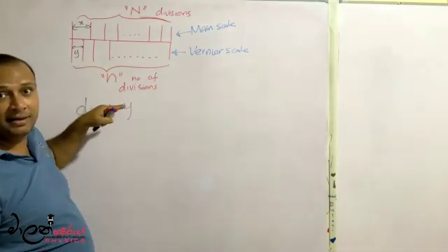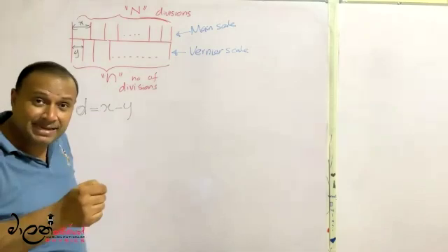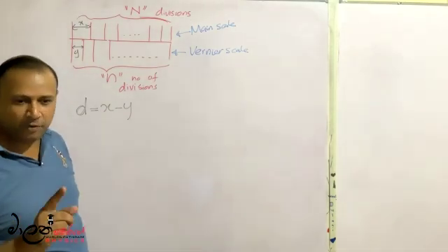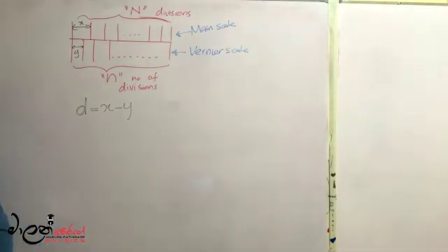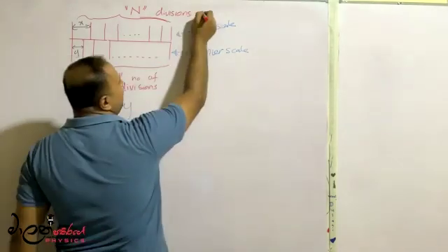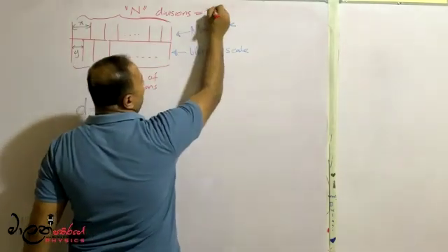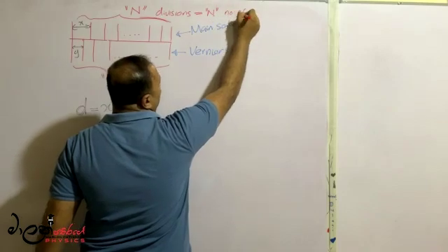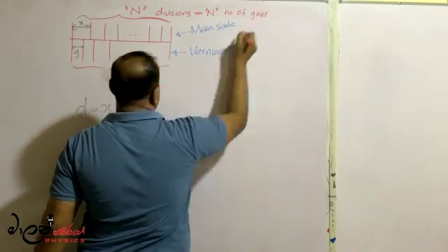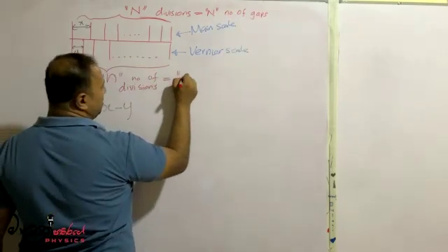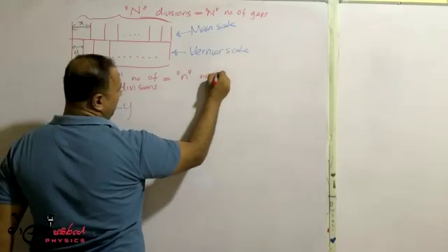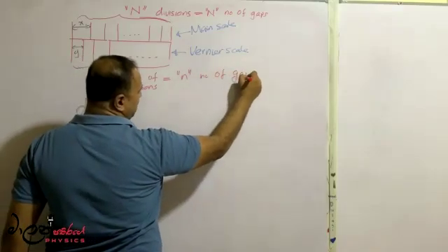In the vernier scale, there are only simple n number of gaps. Did you get my point? So capital N gaps in the main scale is equal to simple n gaps in the vernier scale.